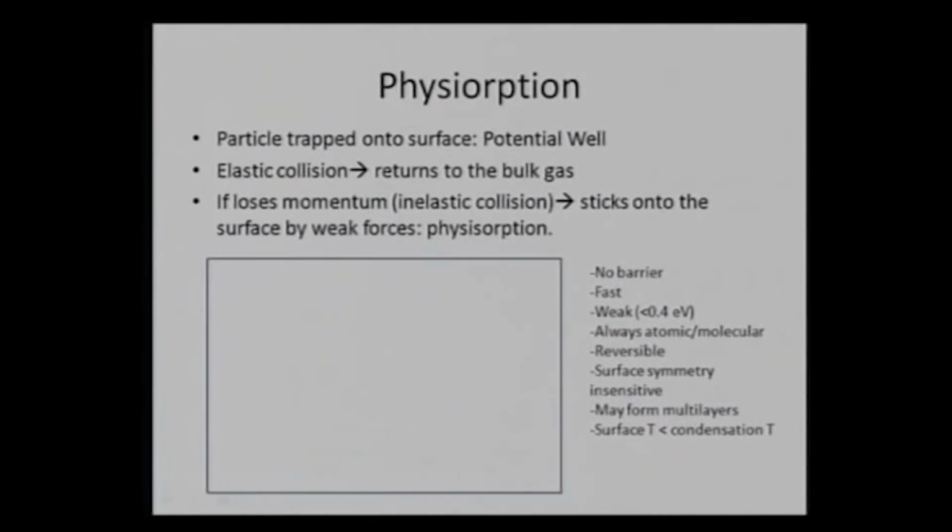In the case of physisorption, we have a particle which is trapped onto the surface, and once it is trapped on the surface, it is more like a potential well. So I have a particular entity which is entering the well by some means, and because of elastic collisions, the species can go back to the gas.